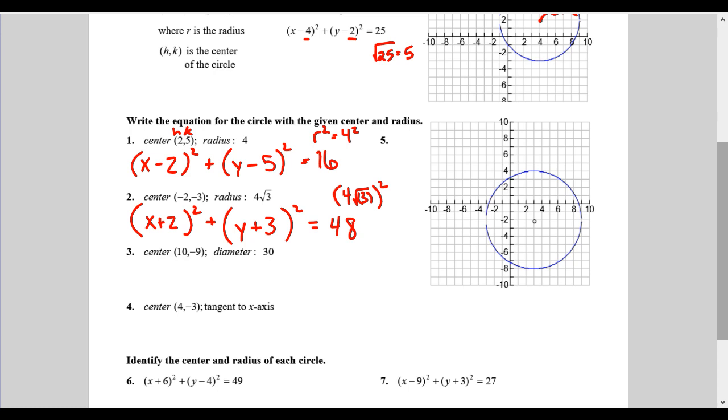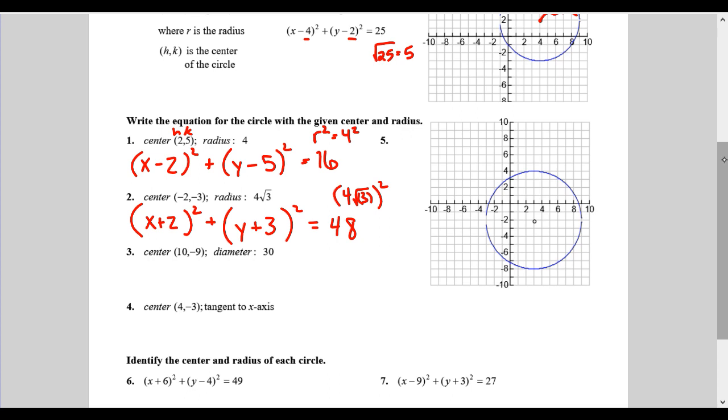But 16, 4 squared is 16. Square root of 3 squared is 3, so 16 times 3 is 48. Okay, we're going with it.